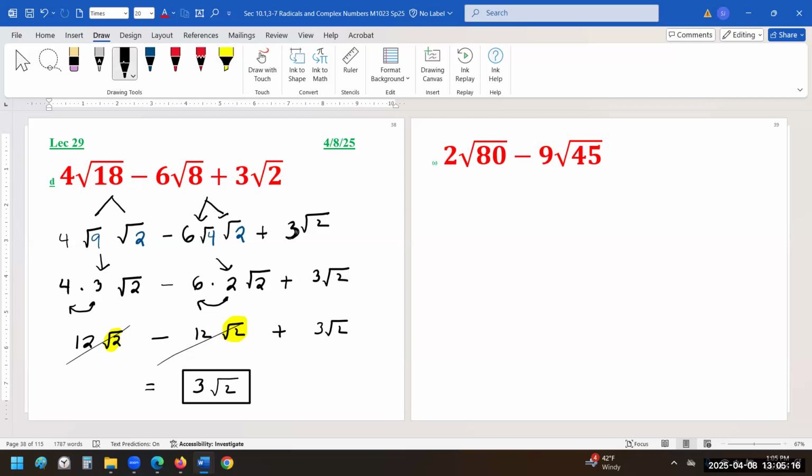Anybody would like to help me with the next one? Mohammed, Leon, they already did one. 16 and 5. And 45 is 9 and 5.